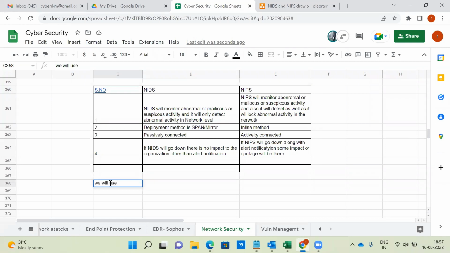So coming to here, we will use more than one NIDS or NIPS device based on the network traffic going on in the network or data center.